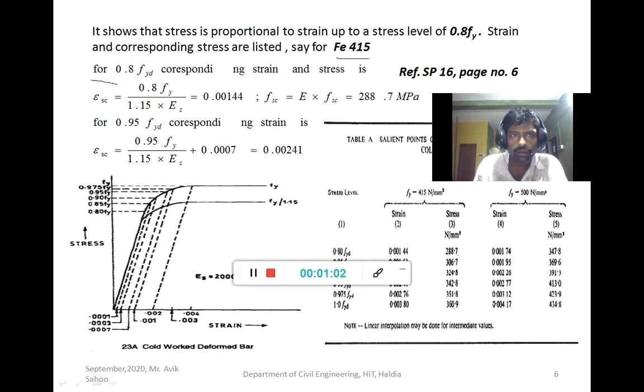At 0.8 Fyd, the corresponding strain and stress, as it is linear, this is the stress level 0.8 Fy, and we divide by the factor of safety, that is 1.15, because the factor of safety for material for steel is 1.15. Then it is divided by the modulus of elasticity of steel. So that is how much?